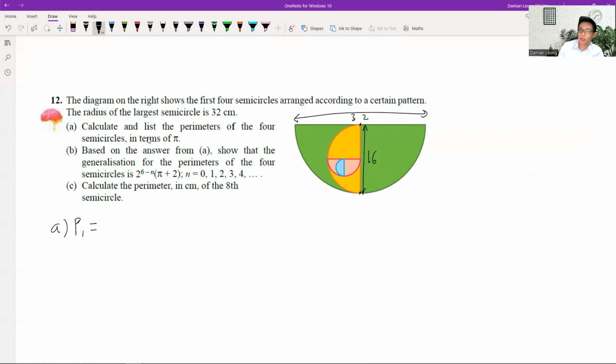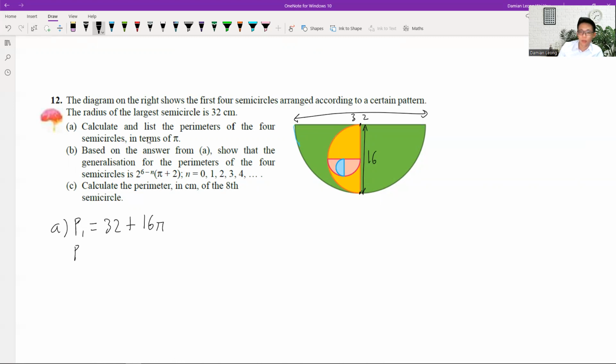A full circle circumference would be 2 pi r, so this semicircle arc is half of that. So it's pi r. So the first perimeter is basically 32 plus 16 pi, half of the radius.